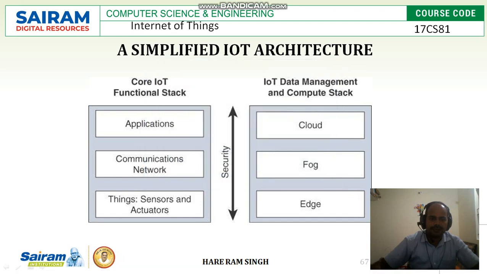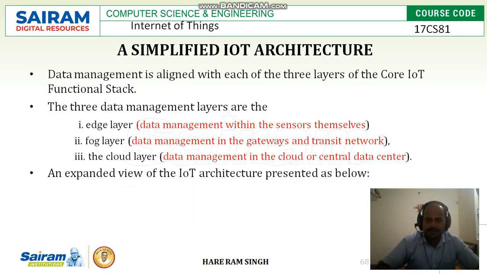They are divided into different sublayers. The data management and compute stack has three sublayers: a cloud sublayer, fog sublayer and edge sublayer. And the core IoT functional stack is also divided into three layers: applications layer, communication network layer, and things, sensors and actuators. So let us go ahead and discuss in detail.